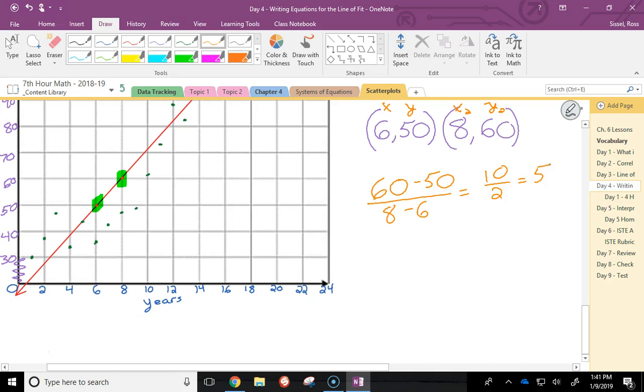Just to show you why this might not be the same on each one: in this class, same graph, same example I've used in 4th and 5th hour, my slope is 5. In 4th hour, my slope was 4. And in 5th hour, my slope was, I think, like 22/5. So it changes just based off the angle that I make for my line.